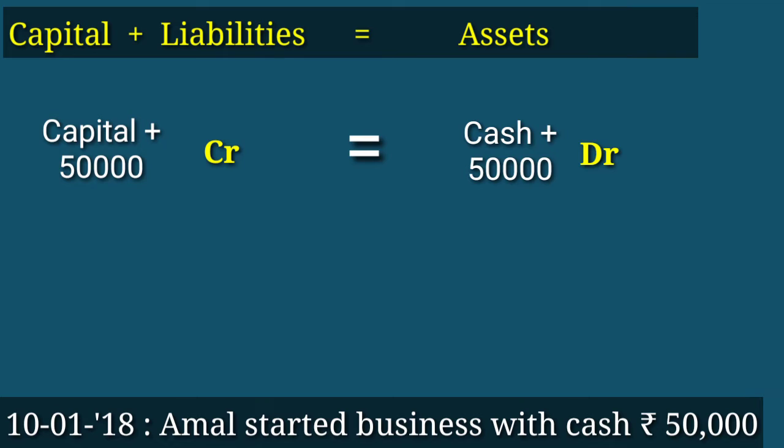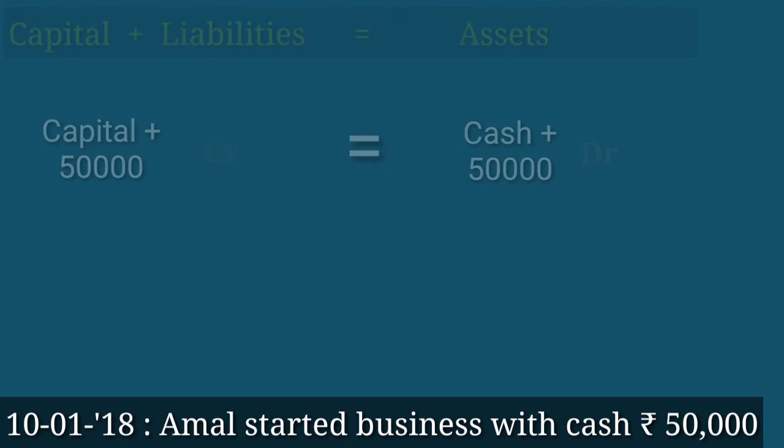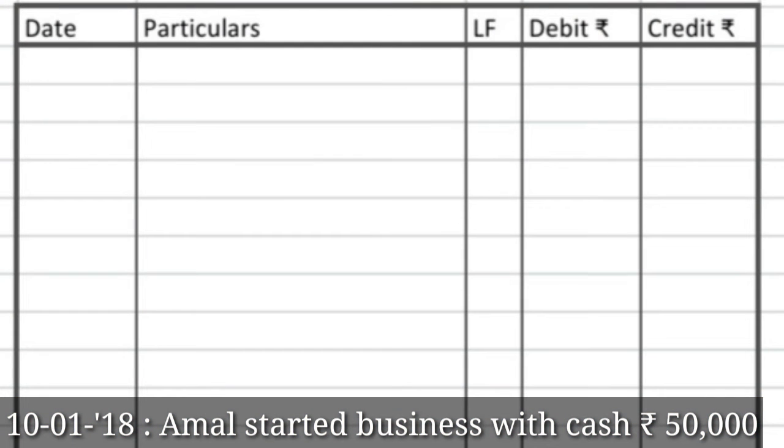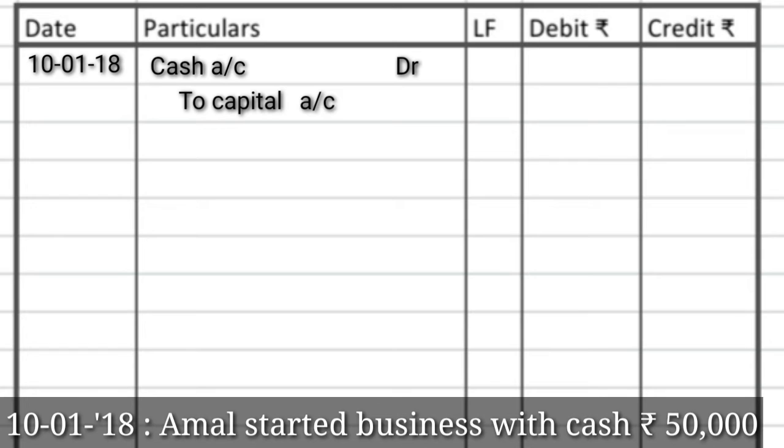Now we can make the journal entry, or we can journalize. First we should remember the debit aspect will be written first in the journal. The date is 10th January 2018, and in the particulars column we write cash account debtor to capital account.